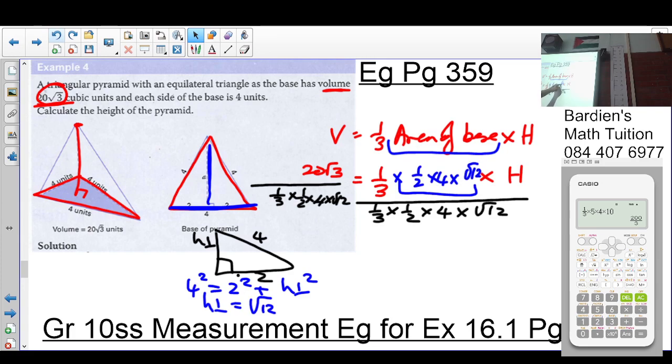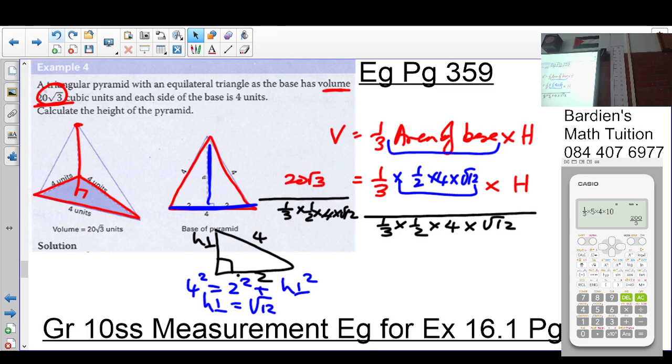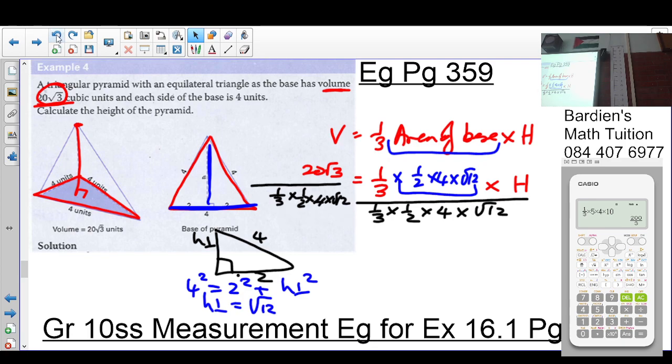Work it out, people. Okay. So what's going to happen is this all cancels, and that's what I want. So h is equal to, on my calculator, 15.